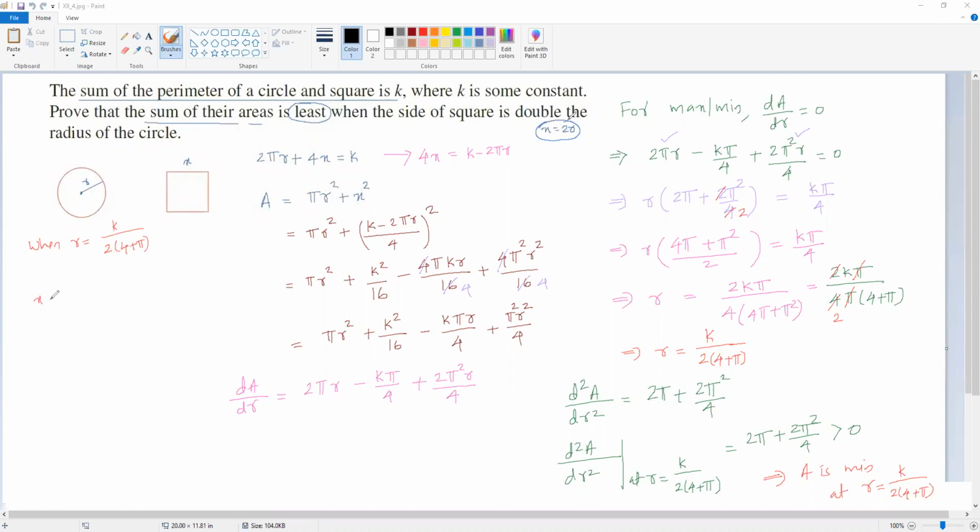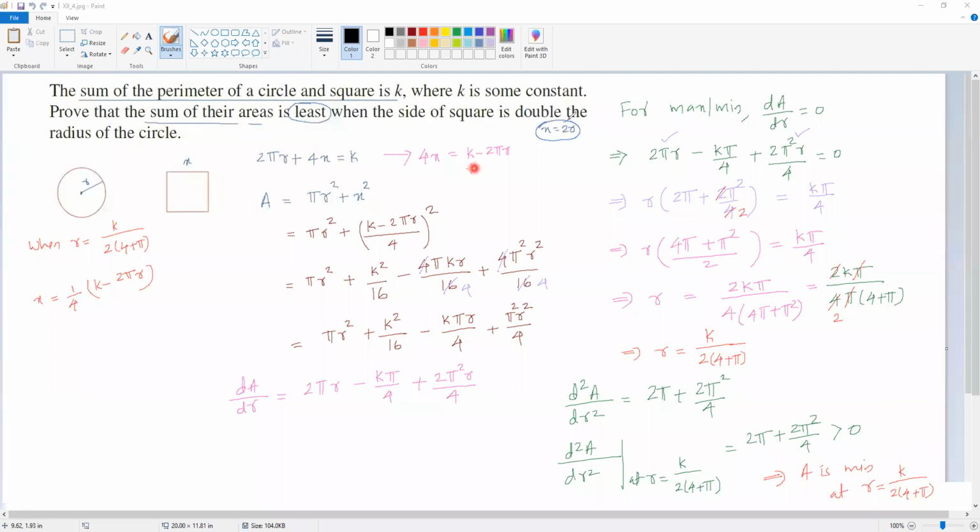x is equal to, so हमारे पास फॉर्मूला था, x is equal to 1 by 4 of k minus 2 pi r. इधर हमको मिला था 4x is equal to k minus 2 pi r.